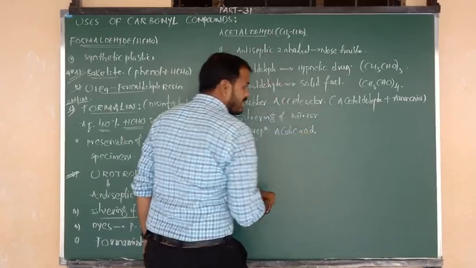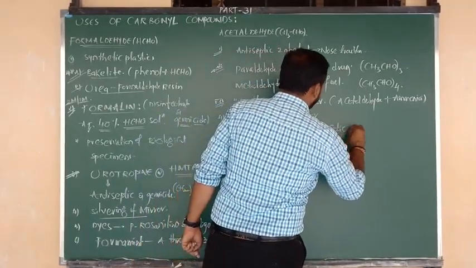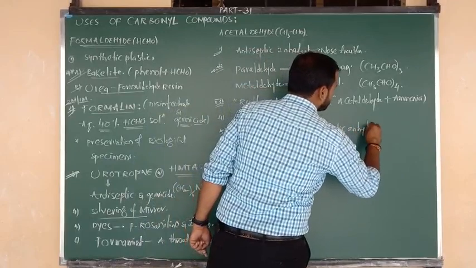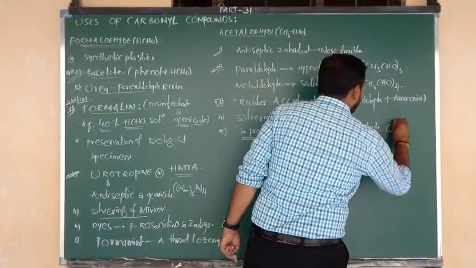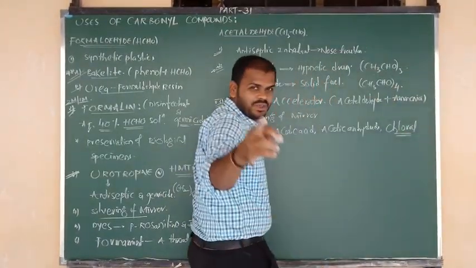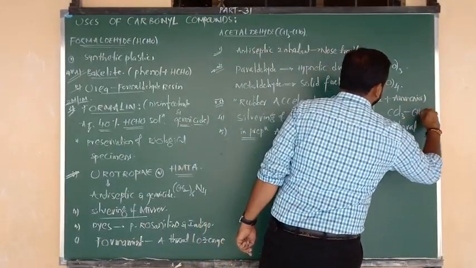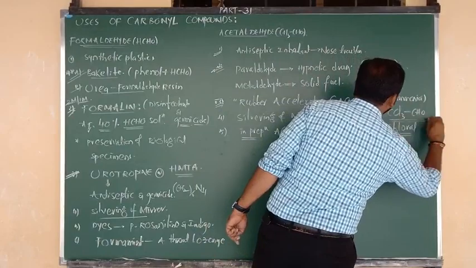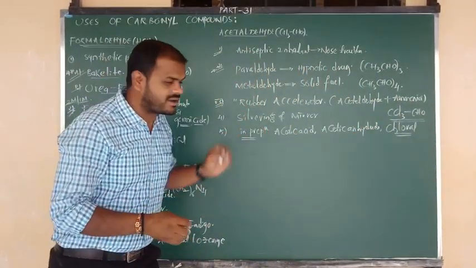And it can also be used in the manufacturing of acetic anhydride after the loss of a water molecule. And also in the manufacturing of chloral. Very, very, very important. You know the formula of chloral. Chloral formula: CCl3CHO. CCl3CHO, trichloroacetaldehyde, that is known as what, Nana?